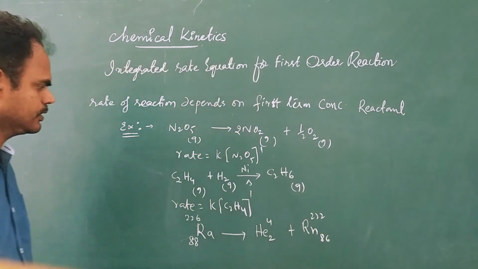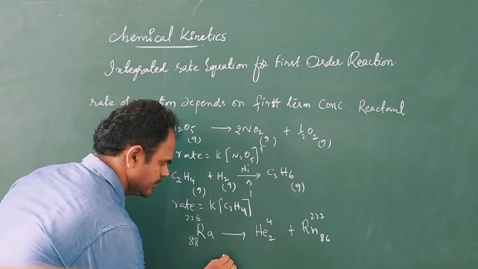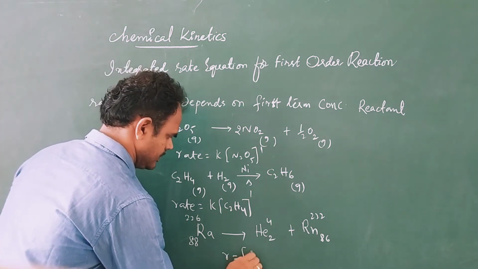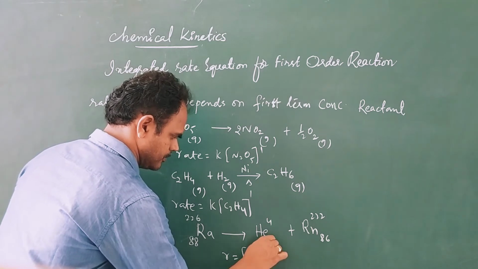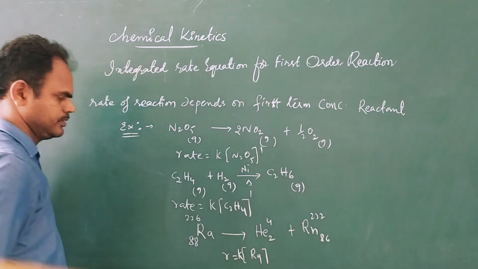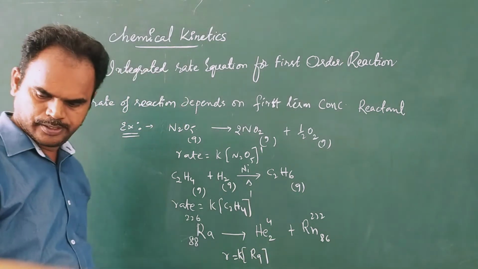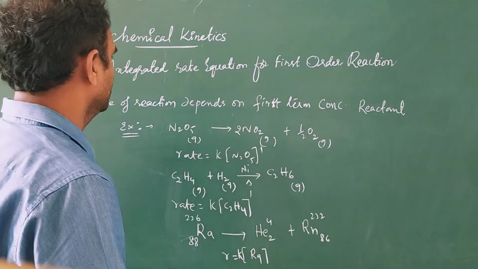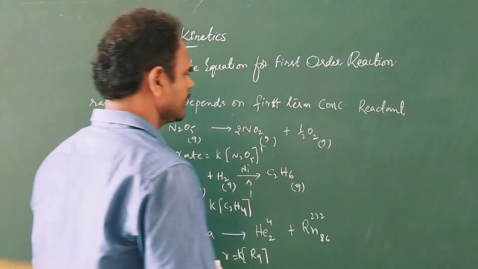So this is also first order, and we can write rate is equal to K [Ra]. These are examples of first order reactions.